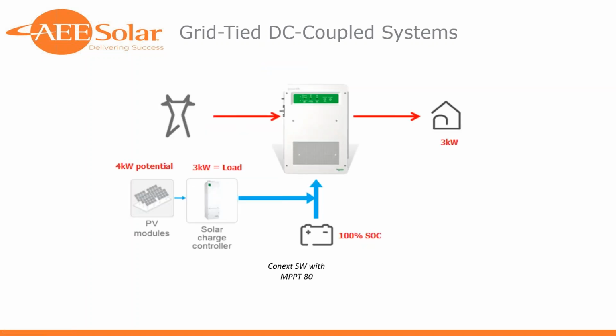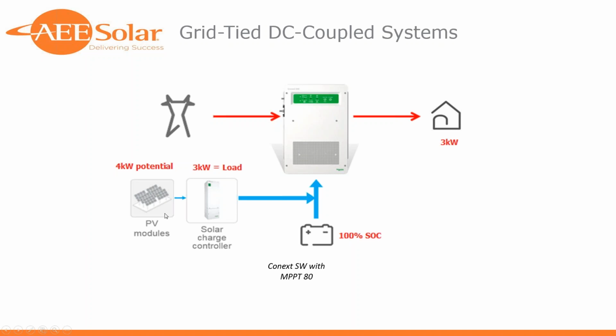We've got another example here of a Schneider Electric system with an SW and an MPPT80. This one happens to be grid-tied. So you see you've got a unilateral, if you will, power flow from the grid to the inverter. It's obscured here, but there are relays inside this inverter that will allow that power to pass through to loads in the home.